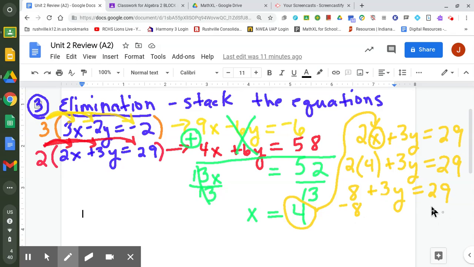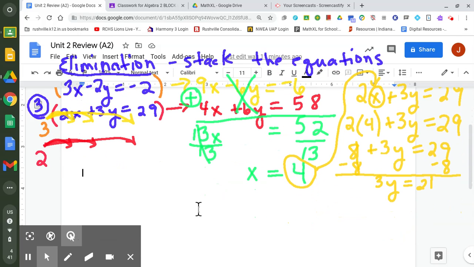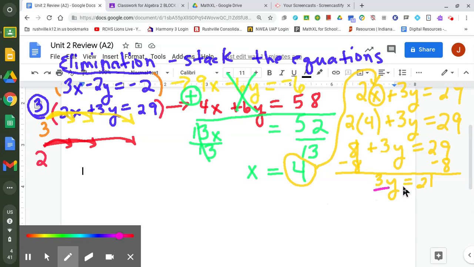minus 8 on both sides of the equal sign. So 3y equals, and again, nothing wrong with using the calculator to do 29 minus 8 to make sure that you do the subtraction correctly. That equals 21. And then we're going to scroll up just a little bit and we will divide by 3.